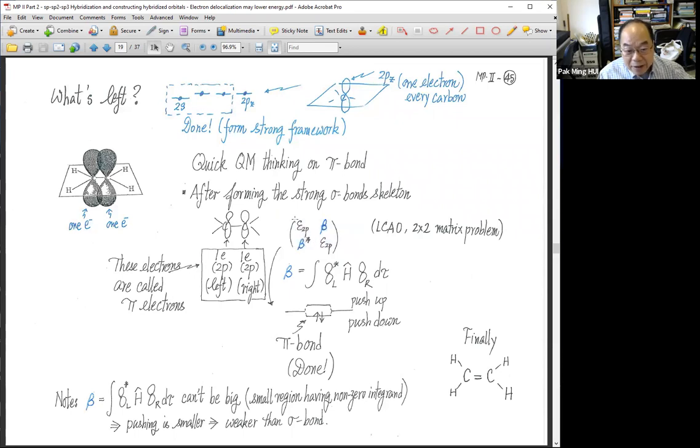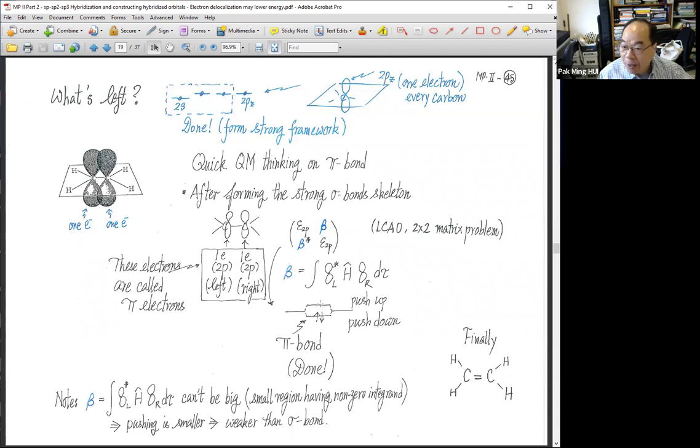Then at the end, there are two eigenvalues. One is epsilon 2p go up by beta, I mean beta absolute value. And then the other one is epsilon 2p minus beta absolute value. So one will go down, one will go up.